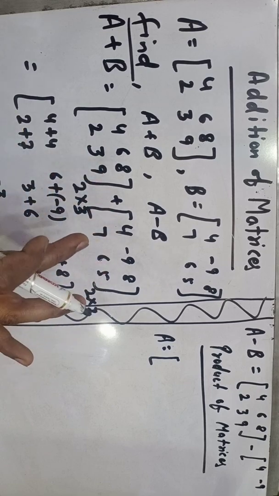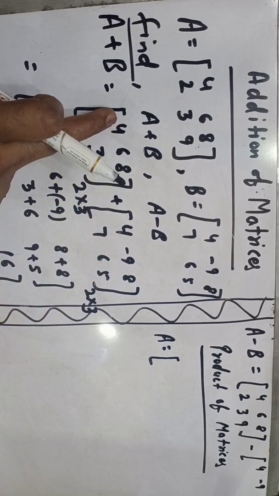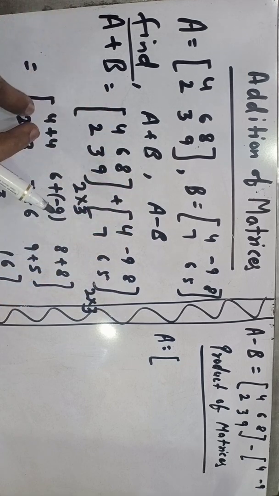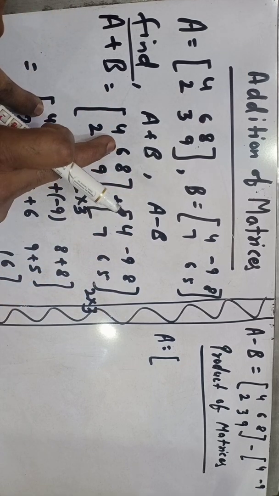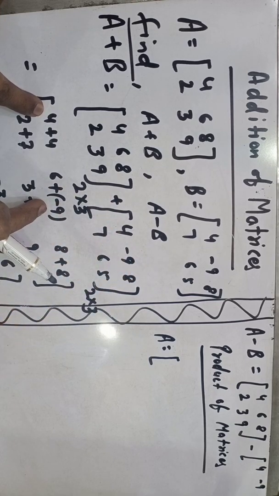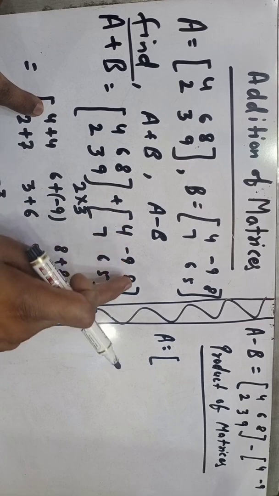Now we can add these two matrices. Simply take 4 plus 4, then 6 plus -9, and 8 plus 8.